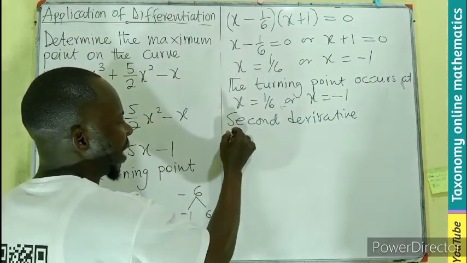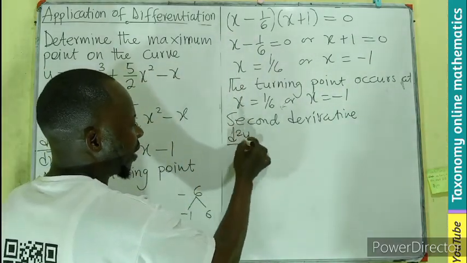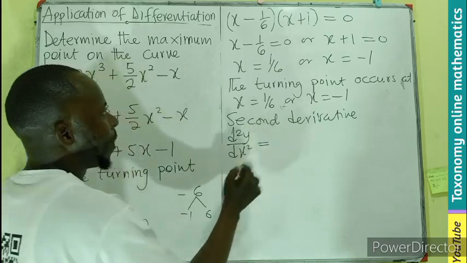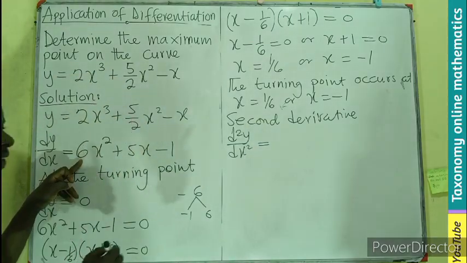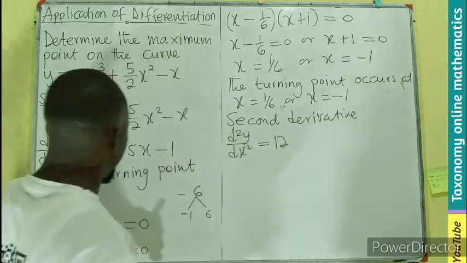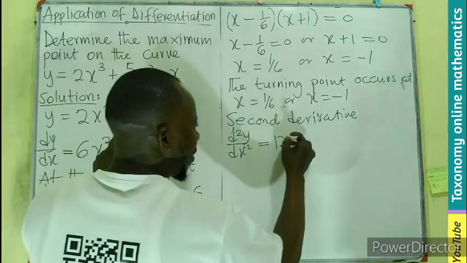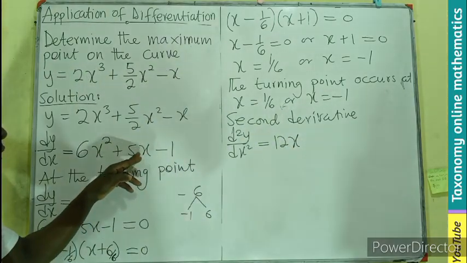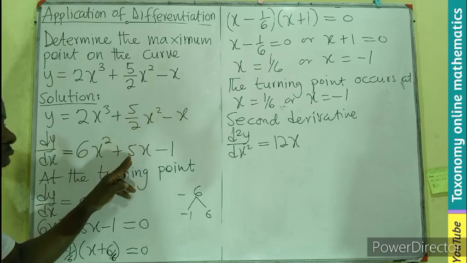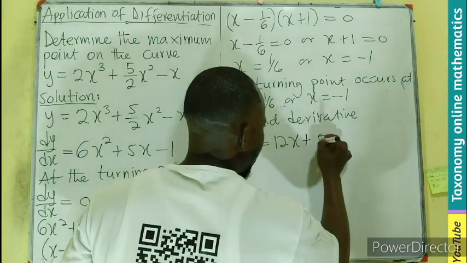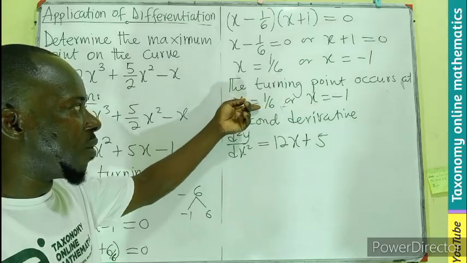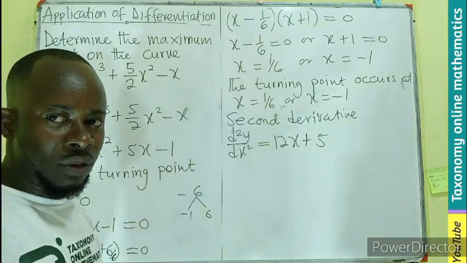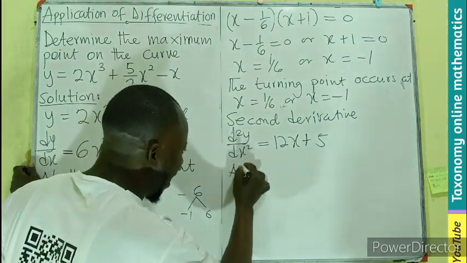So the second derivative, d2y/dx squared: 2 comes forward to multiply 6 to give us 12. We subtract from the power, we have x. You know, when you differentiate a constant, you pick the coefficient, so plus 5. So now we can test for the maximum.